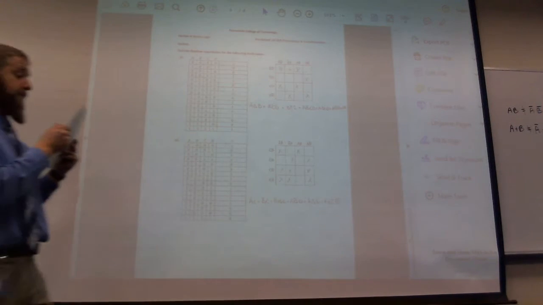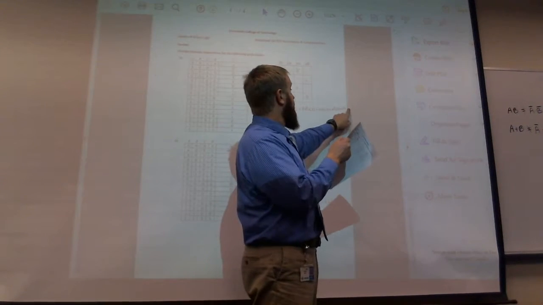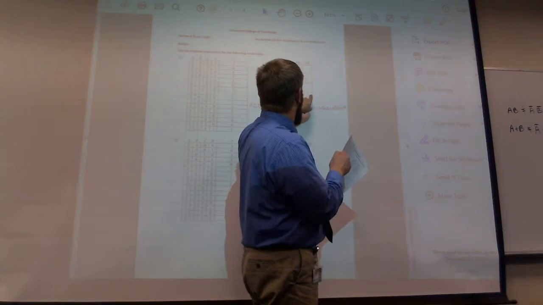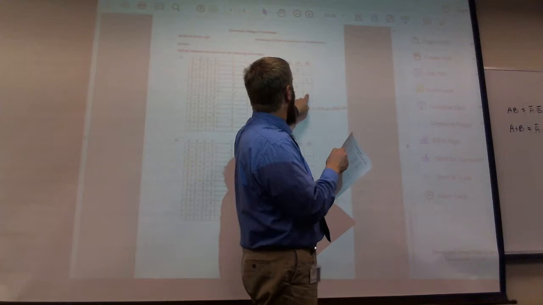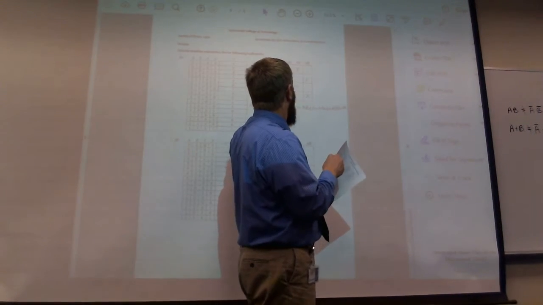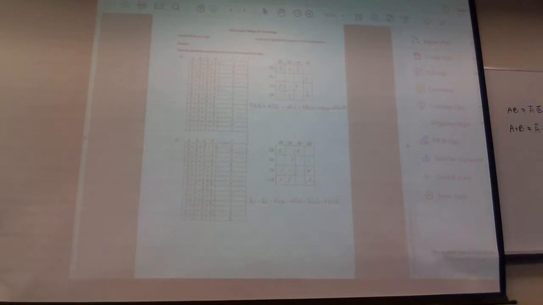So the last term is supposed to be AB'CD'. It's this box right here, so there's nothing above, below, left, or right. All by itself.